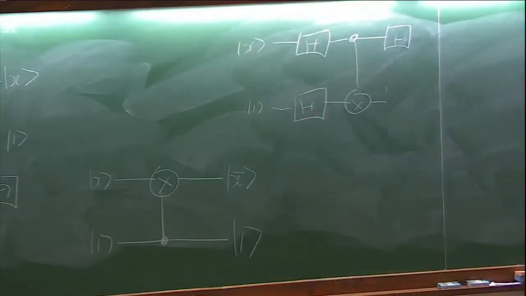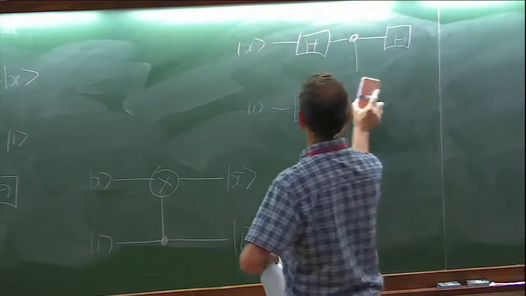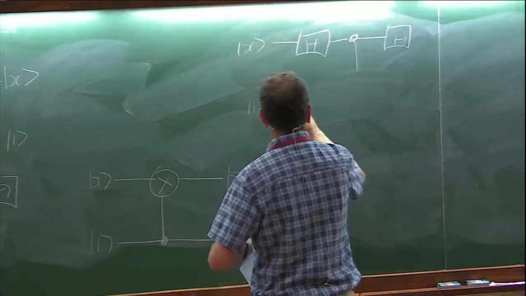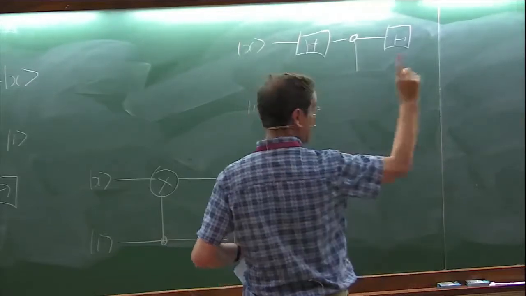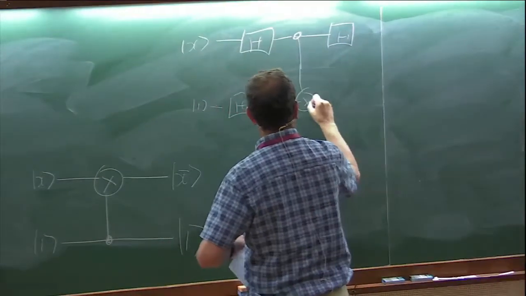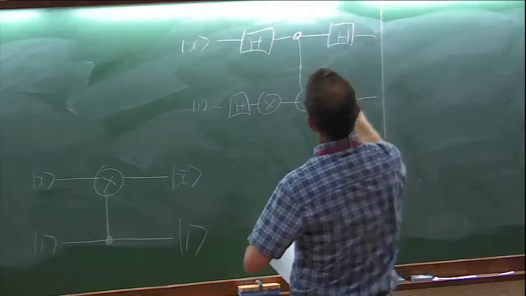No, there was another x, wasn't there? Okay, so let me write this out better. This is the most complicated one. There's an h, and then from over there, there's an x, and then there's a control x, and then there's a Hadamard.